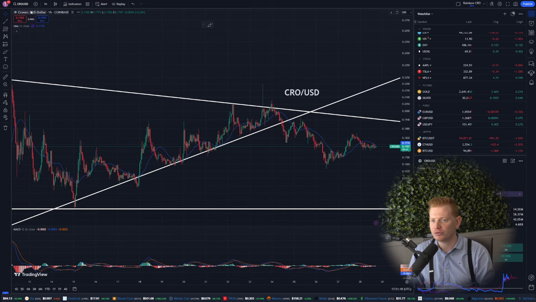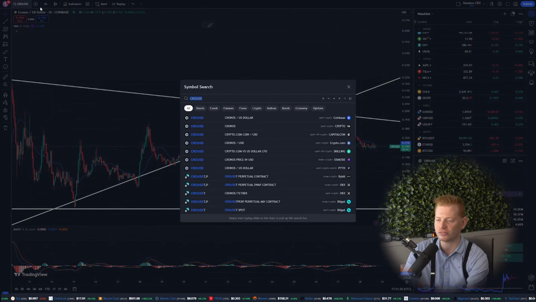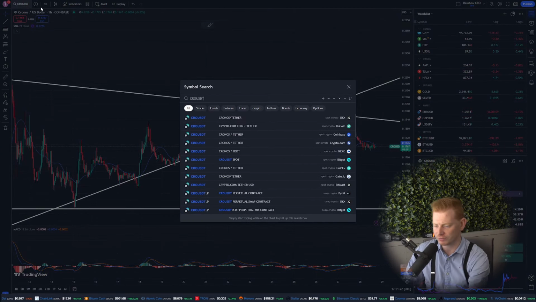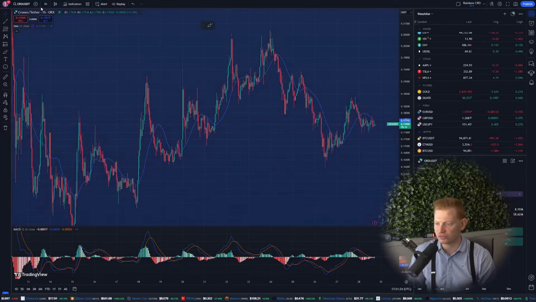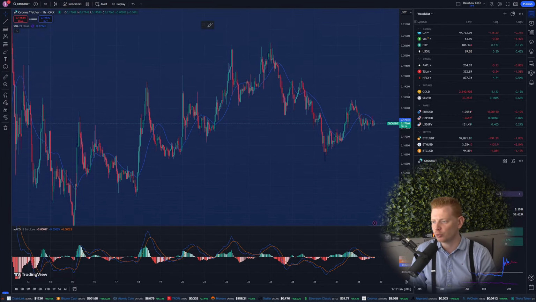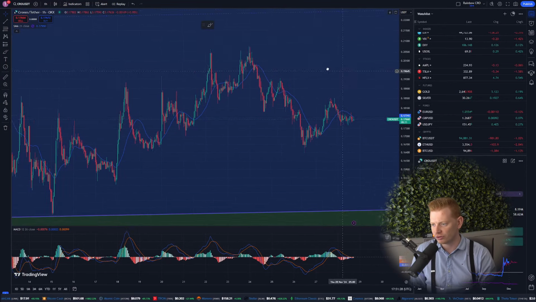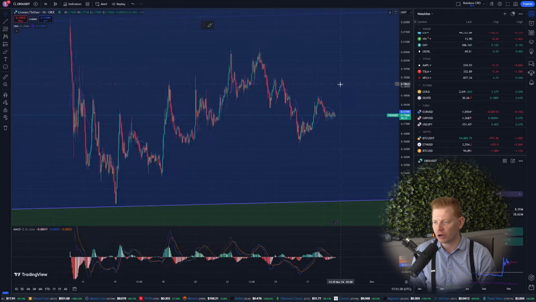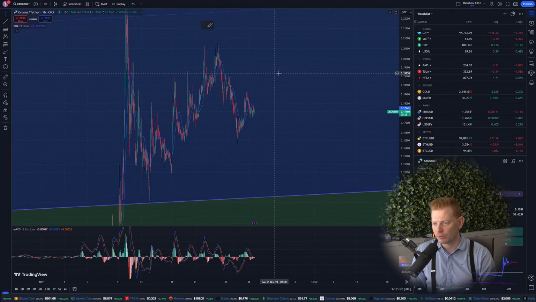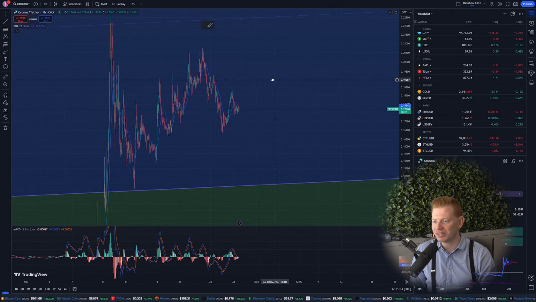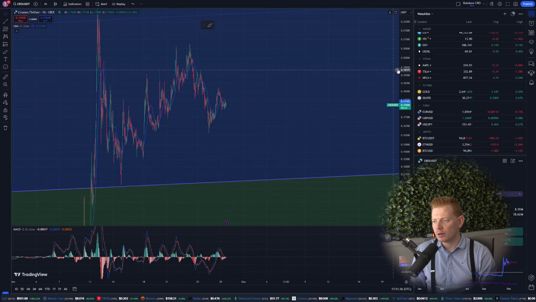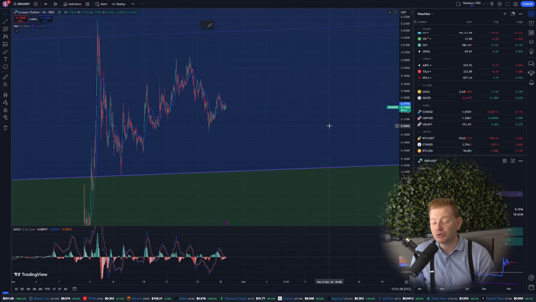For example, if we go to the CRO USDT chart, my personal rainbow chart, we can find more reasons that 14 cent is actually quite an interesting level. So here on the rainbow chart, we are right now in the blue. If we scroll down, we can see the green territory down below here. But in between the green and the blue, we do have the lock line.